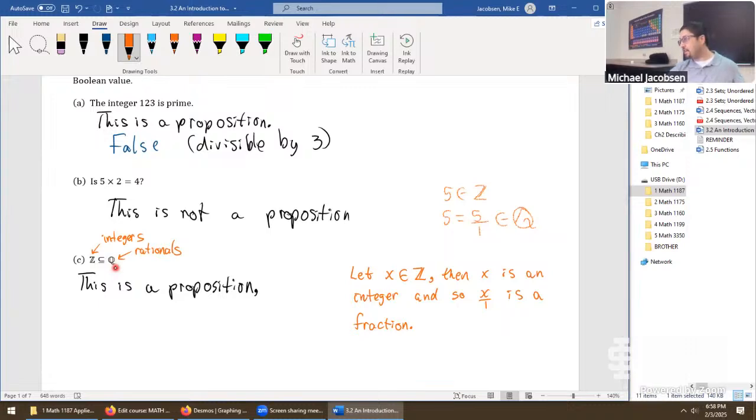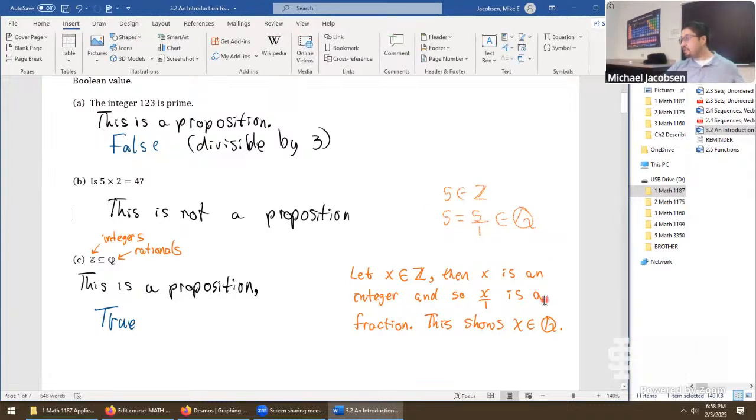So we would say, this shows X is an element of Q, the set of all rational numbers. And that's just what the subset relationship is about. Any element of Z has to be included in Q to make it a subset. So that means we can say true.